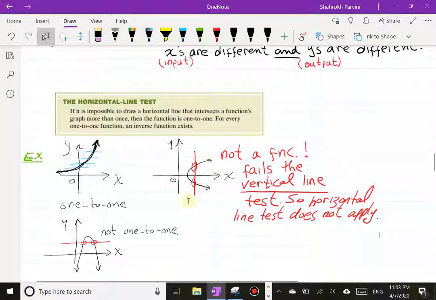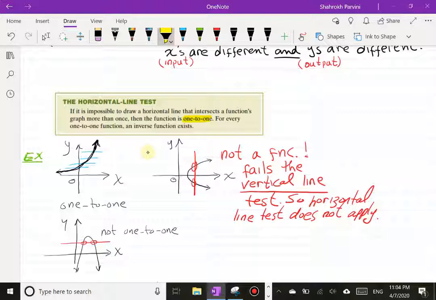This one, well, this graph does not represent a function because it fails the vertical line test. Now I know we're doing horizontal line tests. Remember, the horizontal line test is to determine whether the function is one-to-one or not. The vertical line test we do to determine whether the graph represents a function.